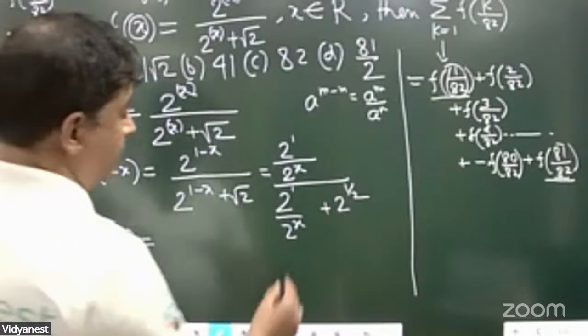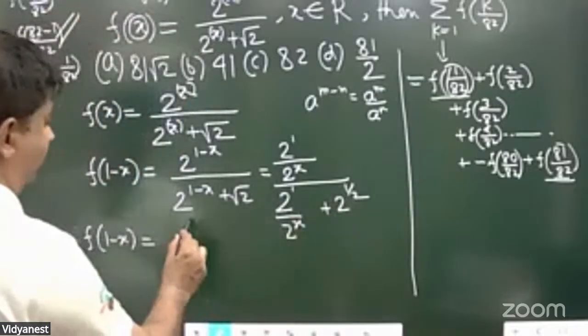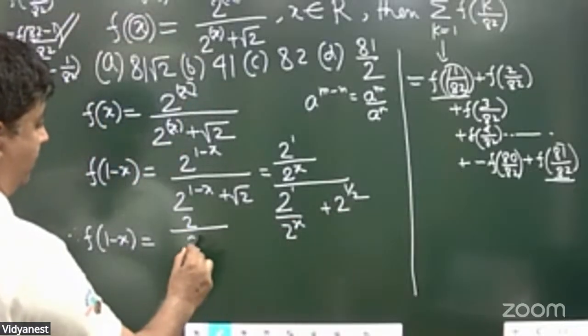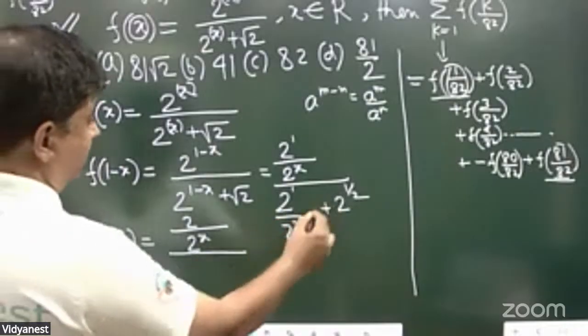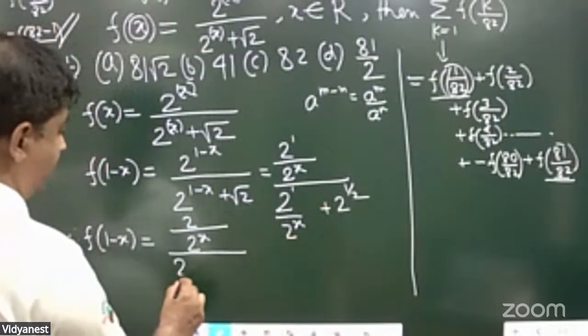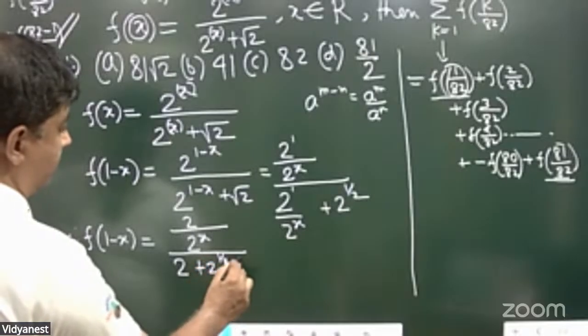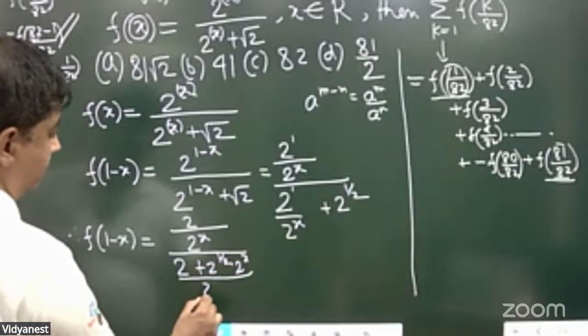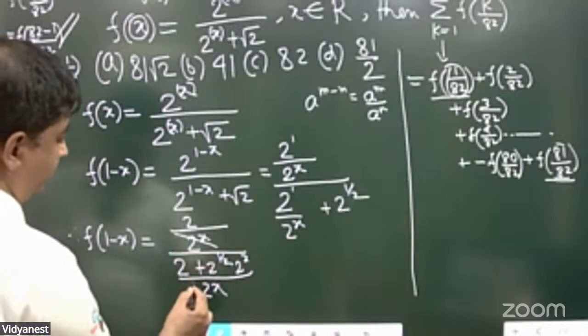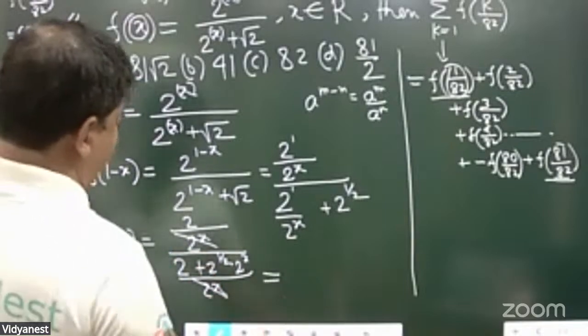See, we have nothing but to take the LCM. 2 plus, what can I cancel? 2 to the power x I can cancel.